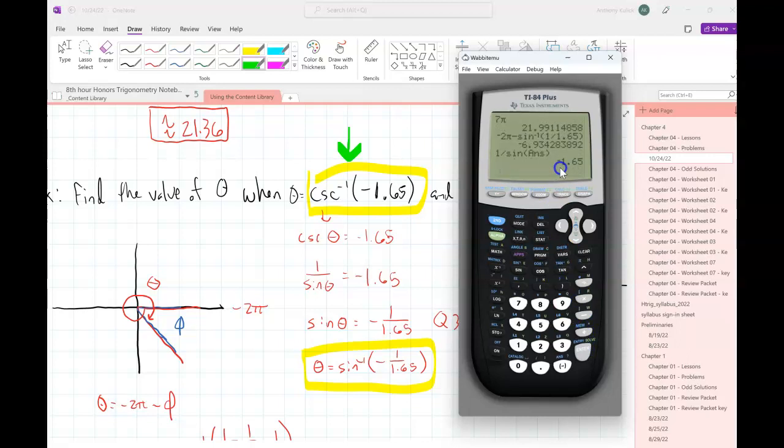Why am I doing it there? Because if I tried checking with this one, I don't know what 1 over negative 1.65 is. That's going to be some kooky looking decimal. I'm not going to know it on sight. I'd have to type it in my calculator and double check to make sure that decimal is the same, which is just an extra step that I don't want to have to do. But that part looks good.